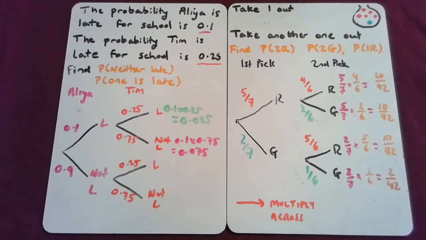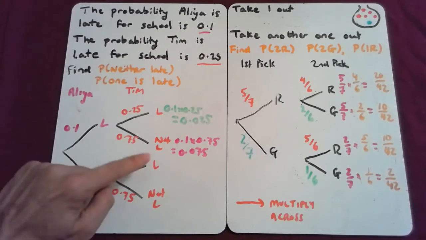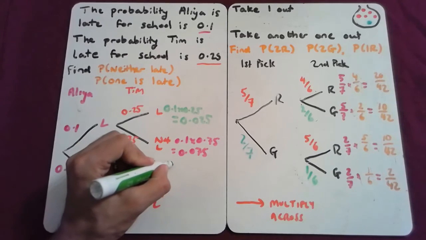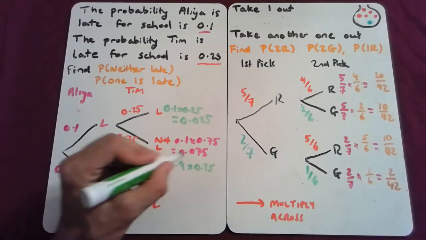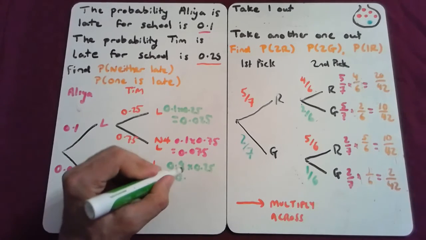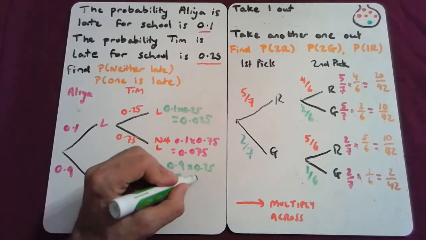0.075. The probability that Alia is not late, but Tim is late is 0.9 times 0.25, which is equal to 0.225.